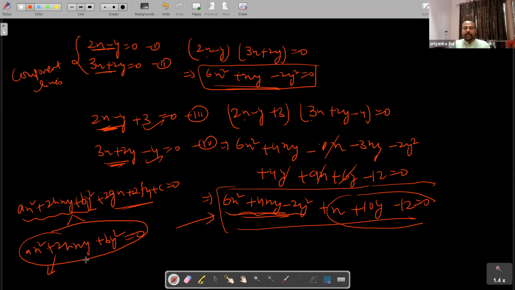After solving it, you will get two equations in x and y. And we know that those two equations will definitely pass through origin because this is a homogeneous equation. Whatever equation you get, you just have to add one constant in each equation. And after multiplying those two component lines, you will get a combined pair of straight lines that will represent this. So just compare these two equations and you will get the value of the constant.